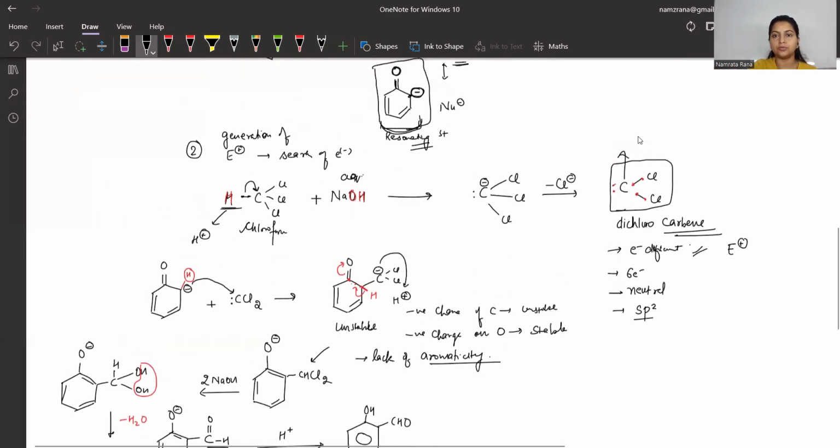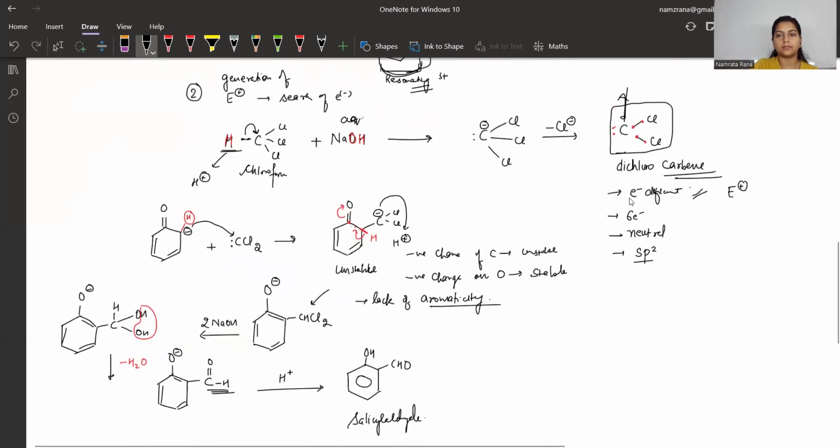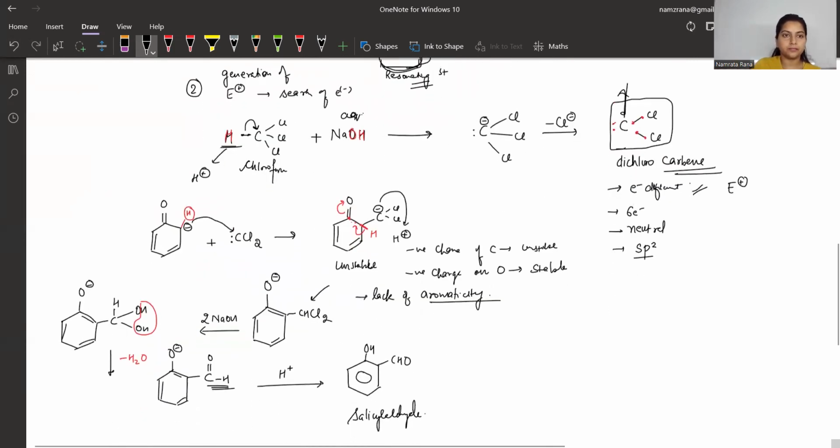As soon as these two compounds, which are depicted in these boxes, are formed, they react with each other. That is, there is electrophilic substitution, right? The mechanism followed is electrophilic substitution. Why?